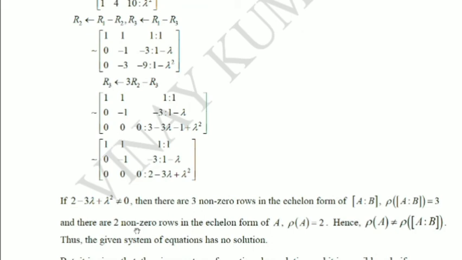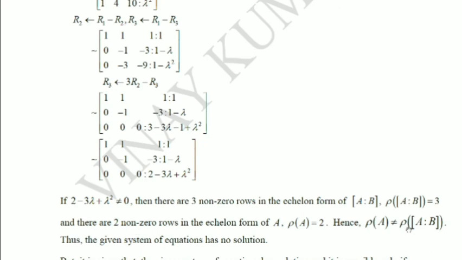Therefore, rank of the augmented matrix becomes 3. But see here, the matrix A has only 2 non-zero rows. This is a zero row. This is your matrix A. So rank of the matrix A becomes 2 and the system becomes inconsistent because it has no solution.